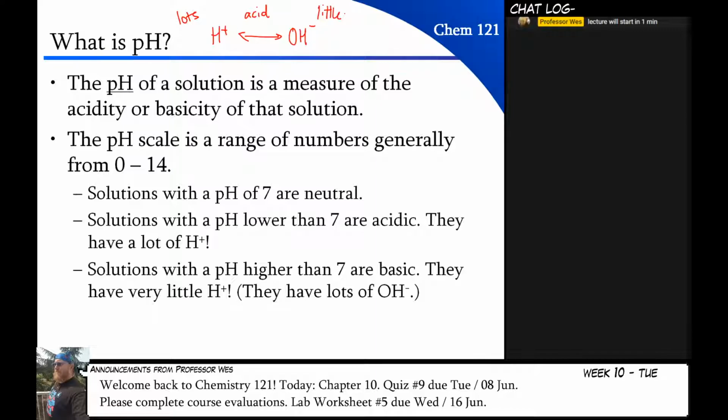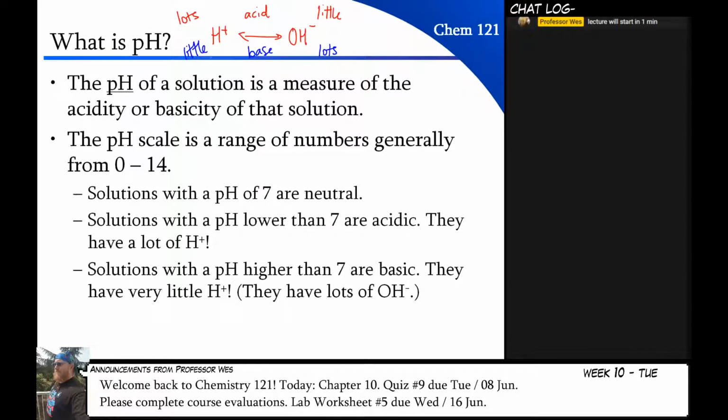Now, you don't have zero, is the thing. Because even if you have tons and tons of H+, there's still going to be some hydroxide out there just hiding, waiting to bonk into an acid and react with it. Likewise, if you were looking at a base, and you have lots of OH-, you would have little of this.